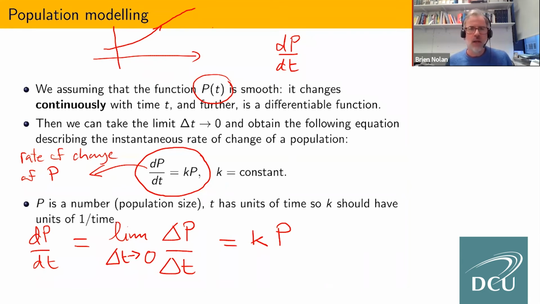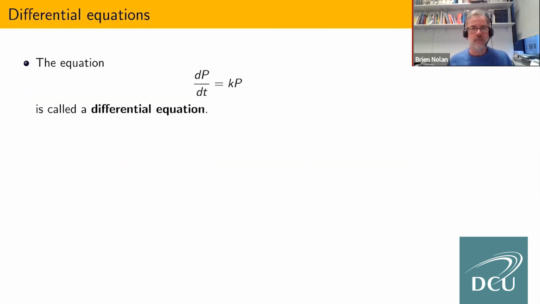So there's our key point so far, that we can describe population changes, in this very rough way, by saying that the rate of change of population is equal to k times p. So let's see what we can do with that.